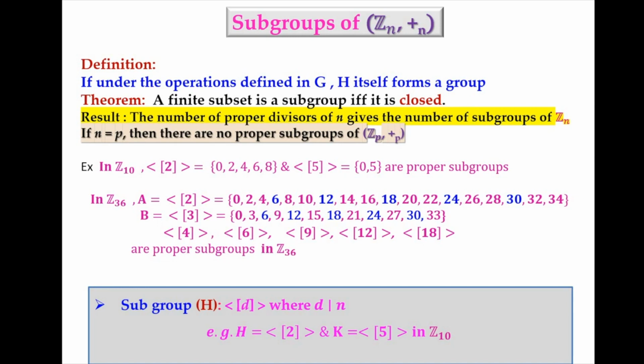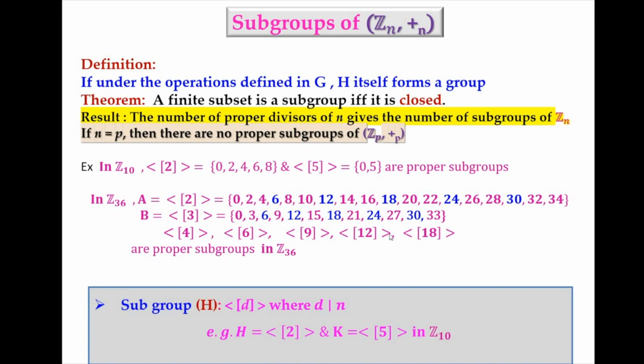We want only proper divisors, so not 1 and 10, but 2 and 5. So the number of proper divisors being 2, the number of proper subgroups of Zn is just 2, and they are given by the set consisting of 0 and 5, and the set consisting of 0, 2, 4, 6, 8.